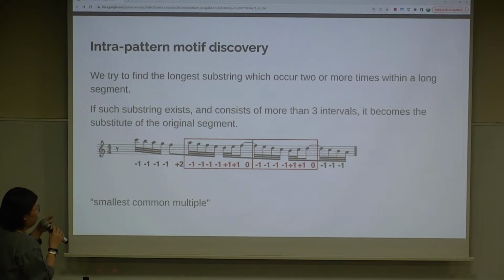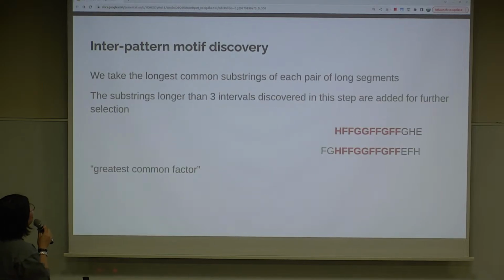And for the Beethoven case, for example, if the substituted one is still too long, we do it again and again until it's not possible. And another is that we also look into the longest common substrings between each pair of long segments to capture the ones that are longer than 3 for further selection. So here we're trying to find the greatest common factor.